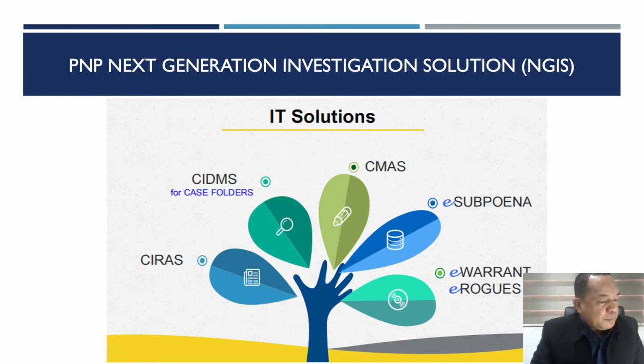The PNP projects or PNP Next Generation Investigation Solution sets a standard procedure by which all crime incidents are reported to the police stations and stored electronically in a database system. It is capable of filtering non-crime data from the system, thereby accounting for a more accurate crime statistics.